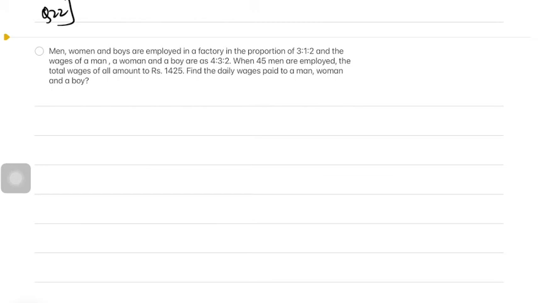When 45 men are employed, the total wages of all amount to rupees 1425. Find the daily wages paid to a man, woman and a boy. Okay. So first let us calculate how many women, and it's given that there are 45 men. Let's see how many women and boys are there.